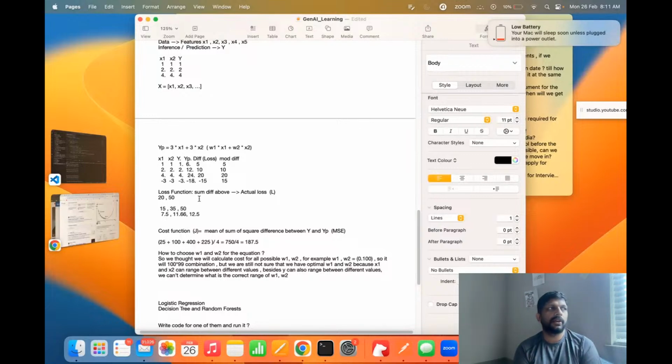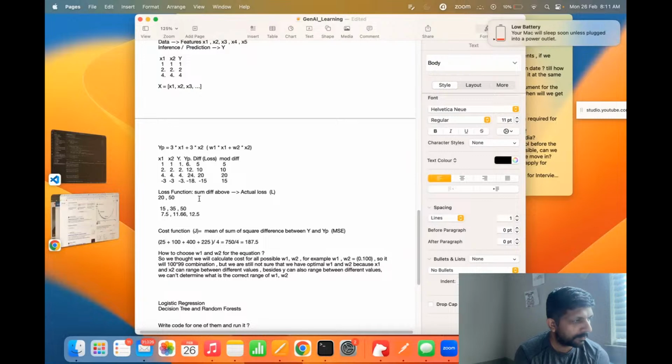Meaning, if my linear regression output is 5 or 6, then it is 0. If it is 24, then it is 1. Based on the linear regression value, I can classify and say 0 or 1. So based on the input numbers, I would classify and say this is 0, this is 1.